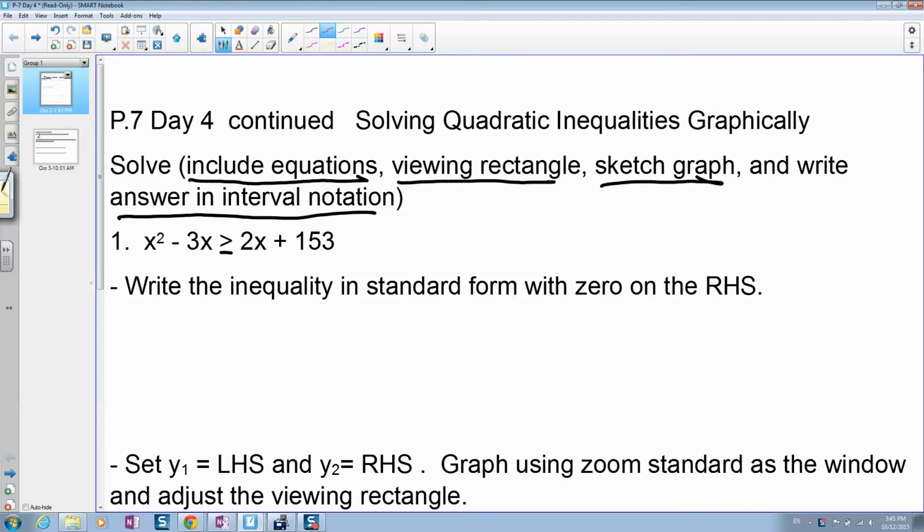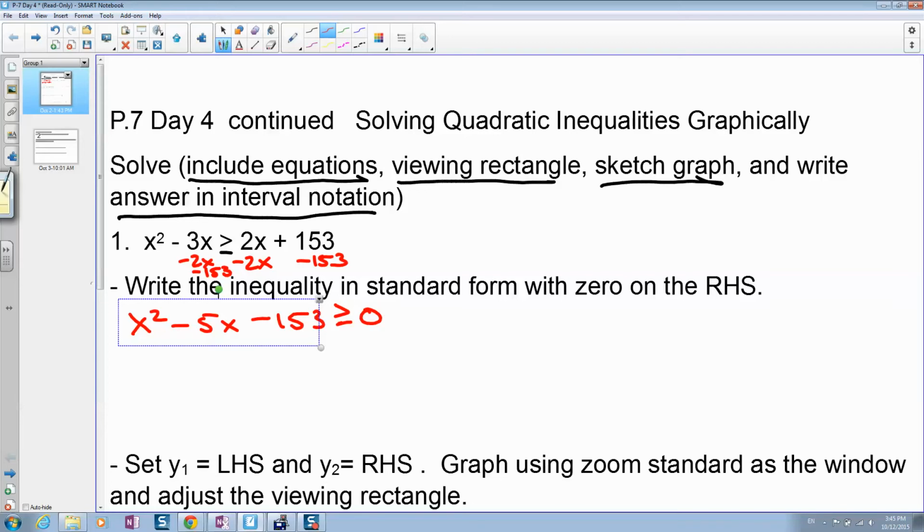So the first thing you want to do to solve is to move everything over to one side. So move the 153 over as well, and you get x squared minus 5x minus 153 is greater than or equal to 0.